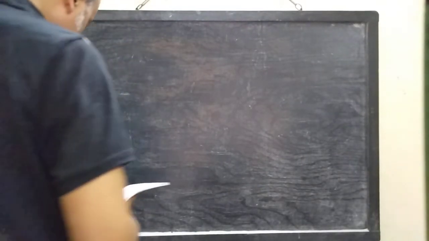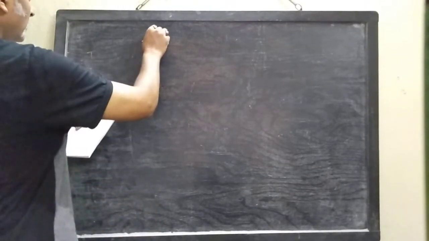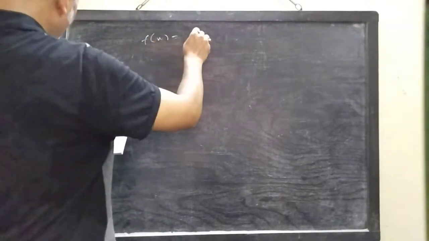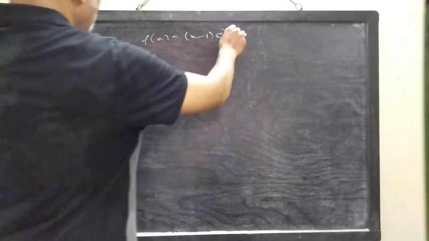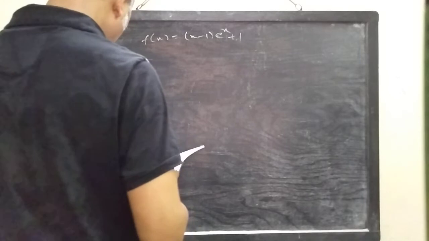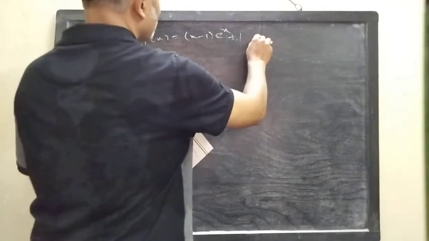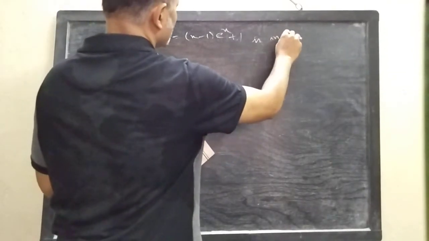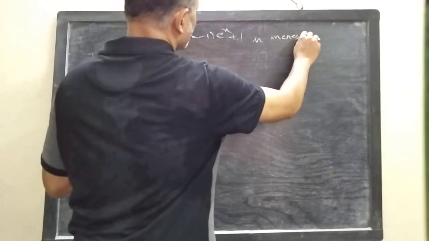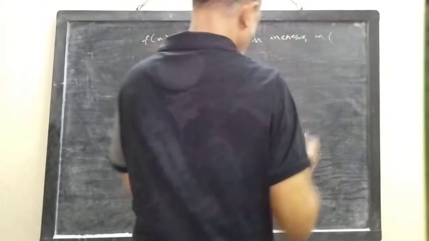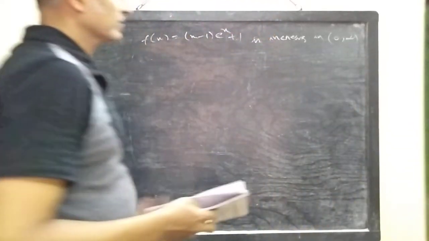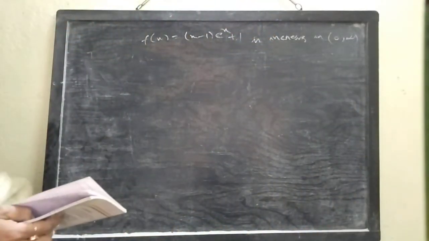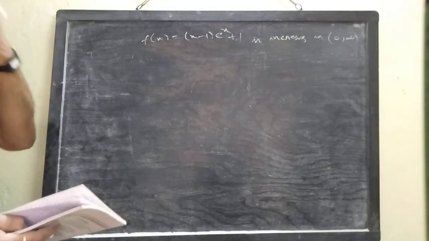Next question. Show that the function f given by f(x) equals x minus 1 e to the power x plus 1 is increasing in open 0 to infinity. So proceed in a similar way.